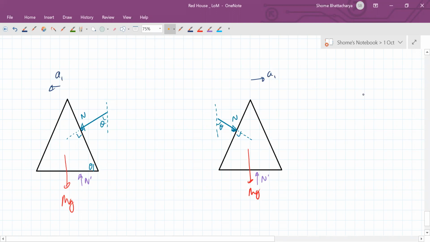So you can see that capital N sine theta is equal to capital M A1. This is our first equation. Okay.